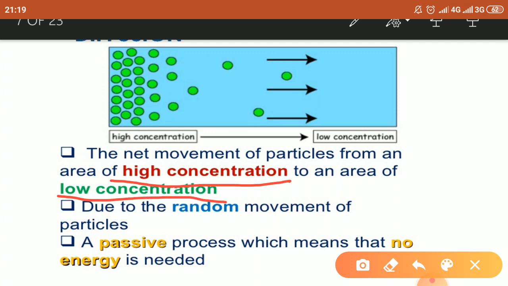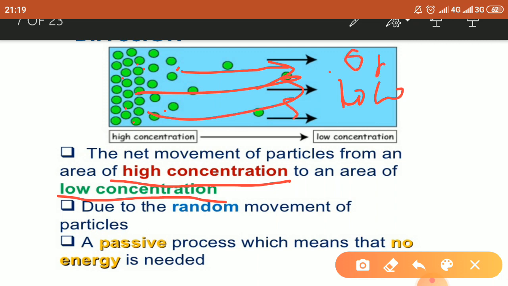As you can see over here, these particles of the solute start moving to that area where there is low concentration, or we can say where there is no presence of the solute particles, and will keep on moving till they are equally distributed in the solution.